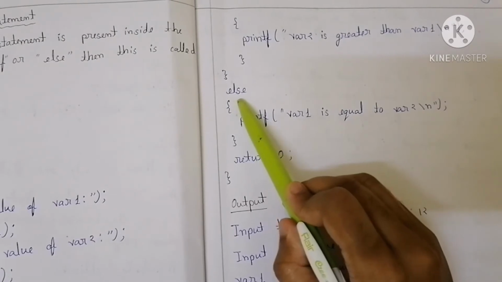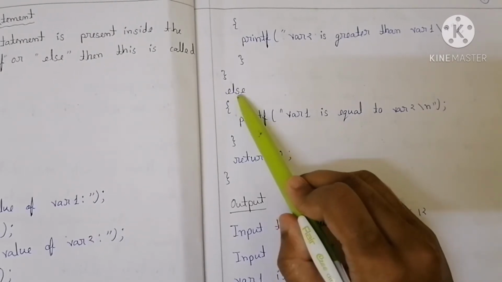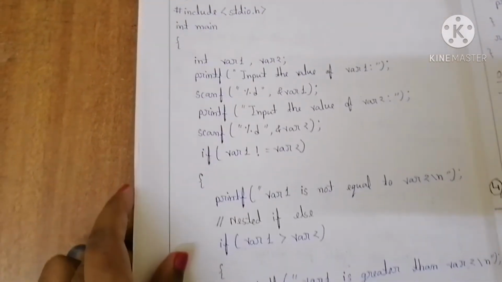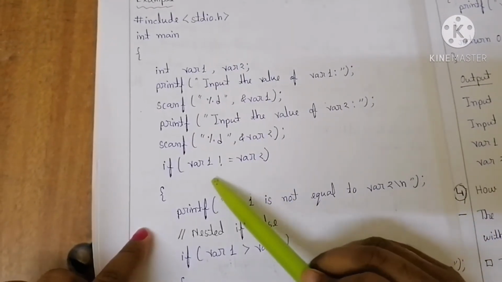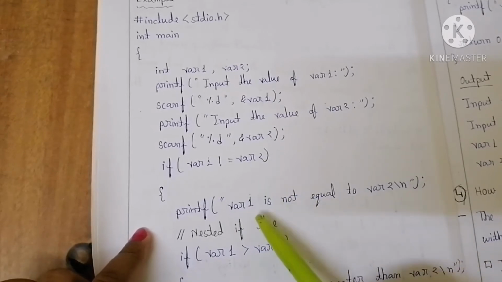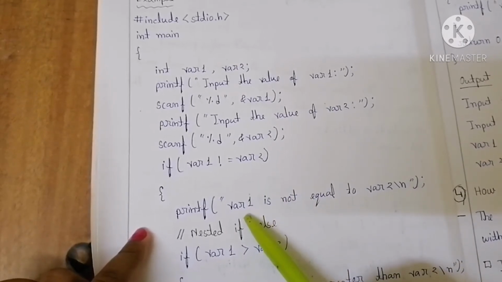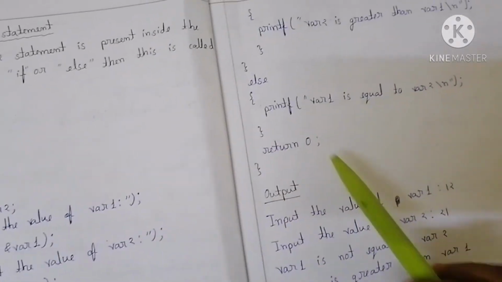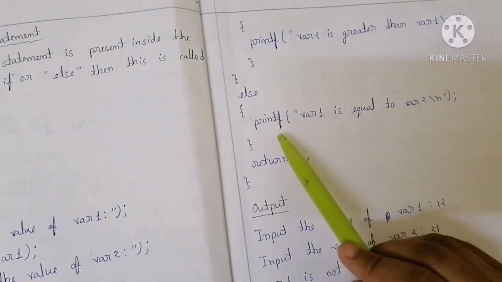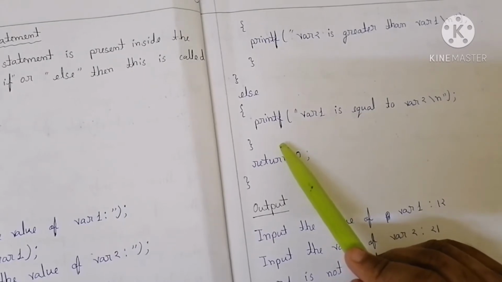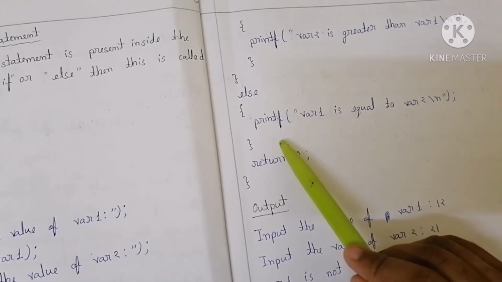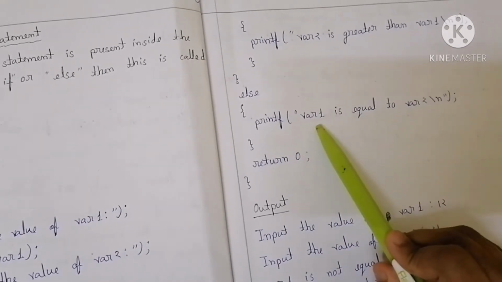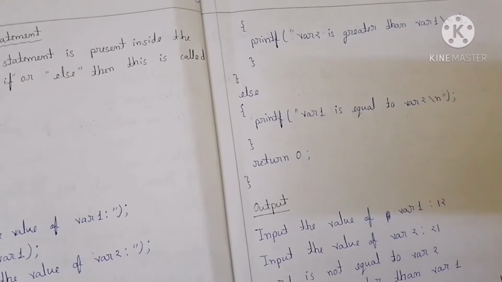Now we are going back to the first if statement. The condition was, if variable 1 is not equal to variable 2, it will print variable 1 is not equal to variable 2. Or else, if the condition doesn't match, it will print variable 1 is equal to variable 2.